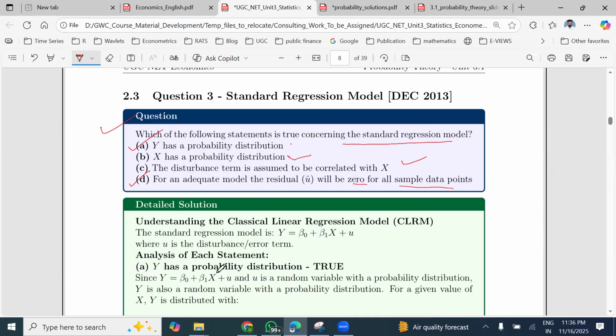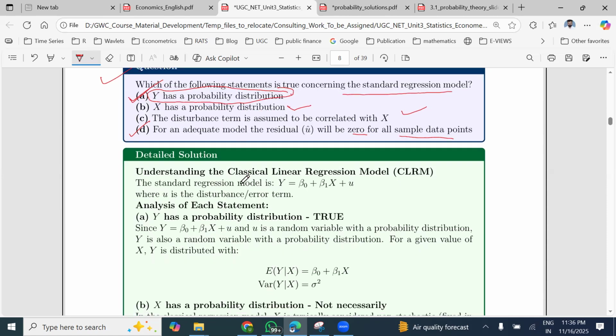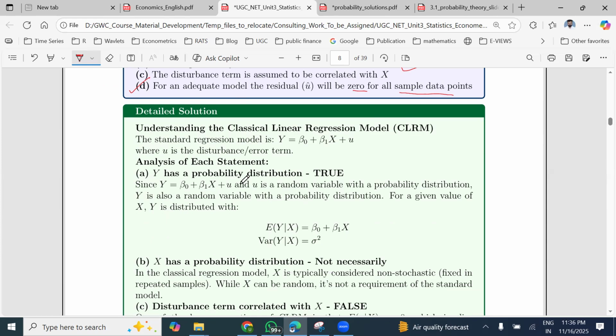See, Y has a probability distribution. This is the answer. Let us see. Okay. Then I think Sangeeta, you can try to relate it. Because when we discuss the regression, then it is fine. But usually you write the standard regression model like this.